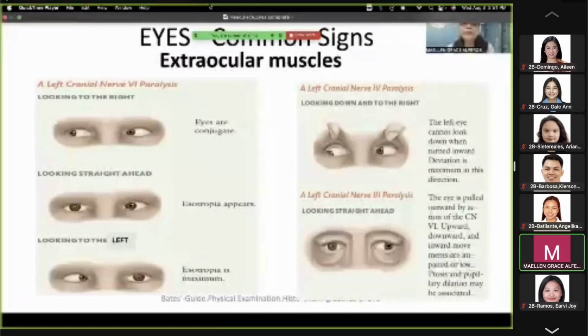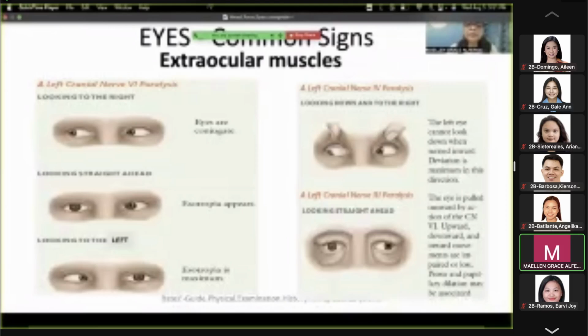Now, the abnormalities of the extraocular muscles can be due to paralysis of the nerves. So if you have a cranial nerve 6 paralysis, for example, here you have a left cranial nerve 6 paralysis. So looking to the right, you will have a conjugate gaze. So the problem will not be evident.